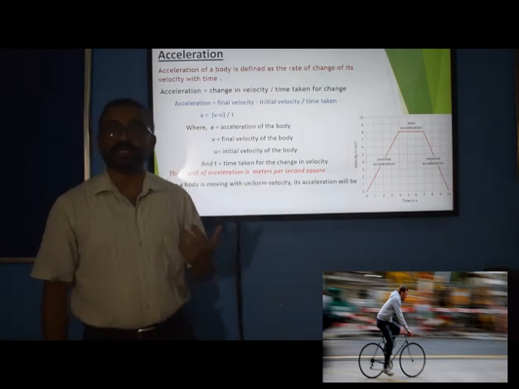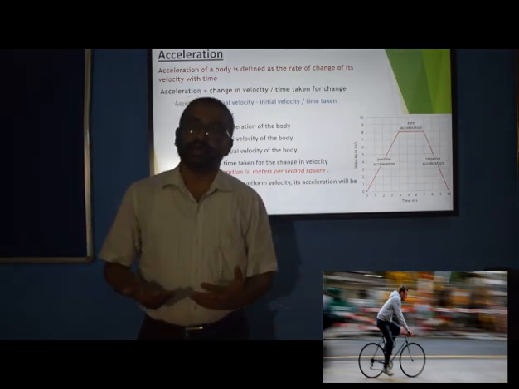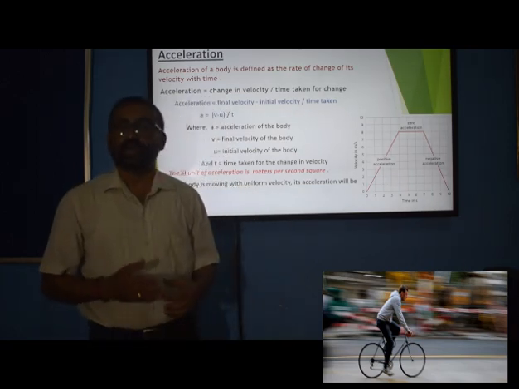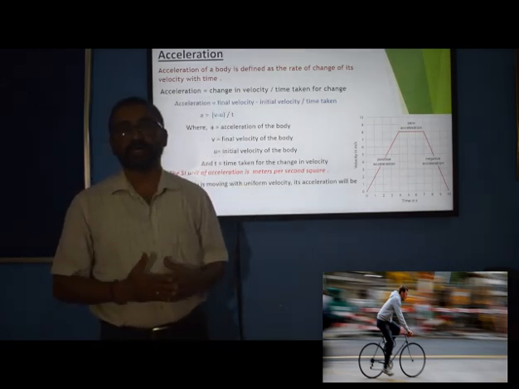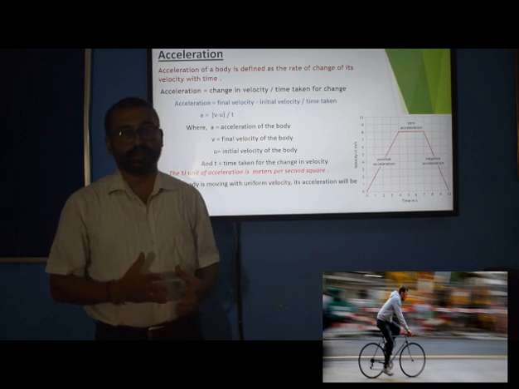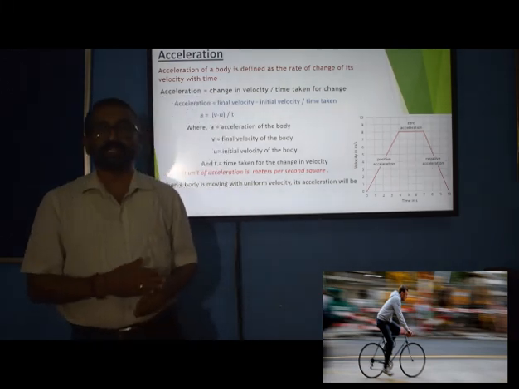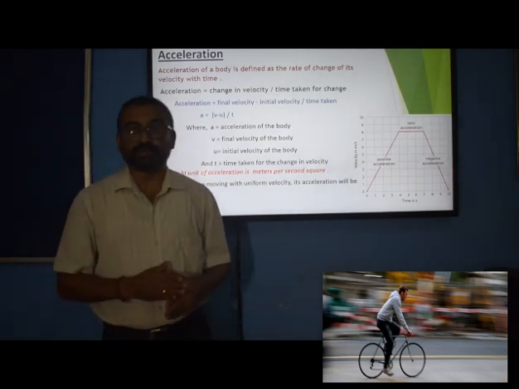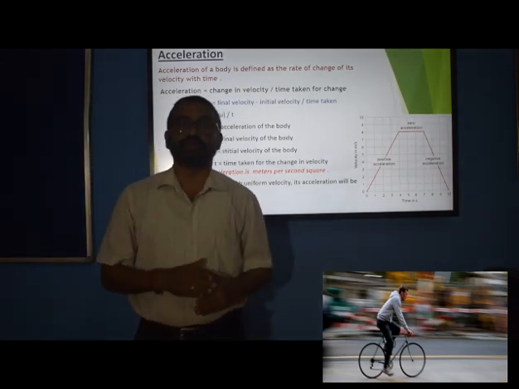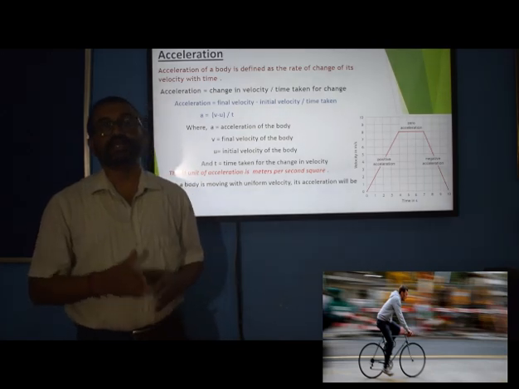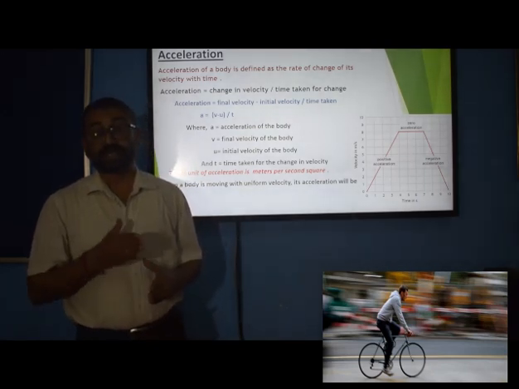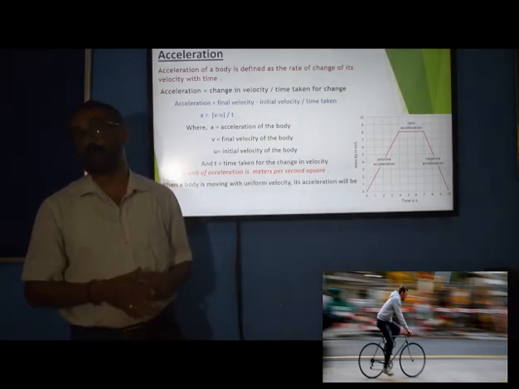The unit of velocity is meter per second, so divided by time, it comes to meter per second square. So the unit of distance is meter, displacement is meter, speed is meter per second, velocity is meter per second, and acceleration is meter per second square.